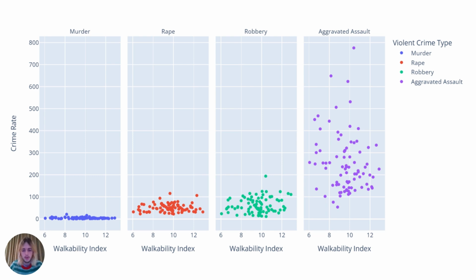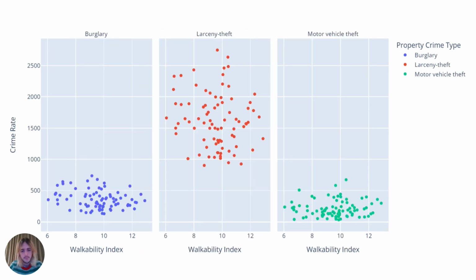But overall, there isn't any statistically significant correlation between these two factors for any of the violent crimes. However, it is interesting to see the spread of these crimes between different cities, and how aggravated assault, for example, is so much more spread out because it is so much more common than murder.